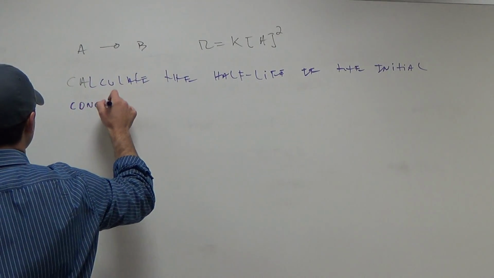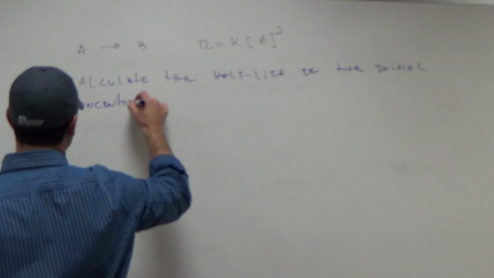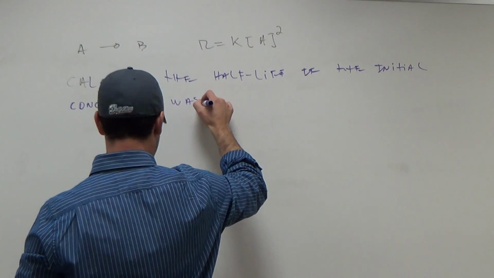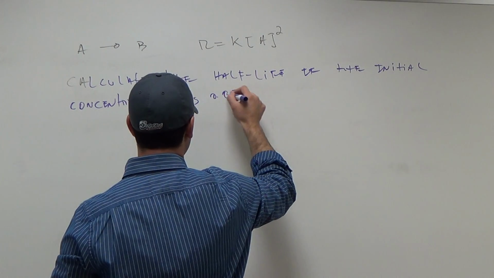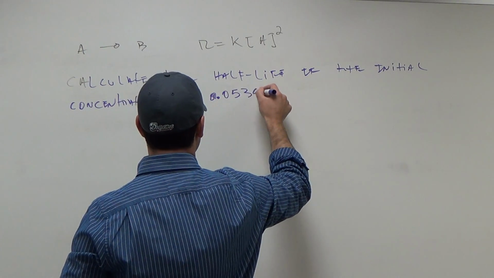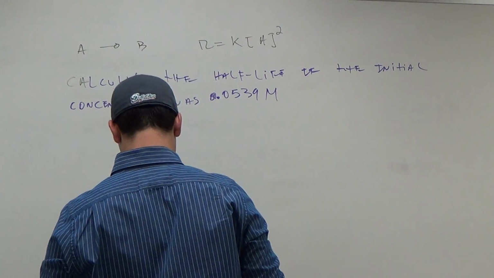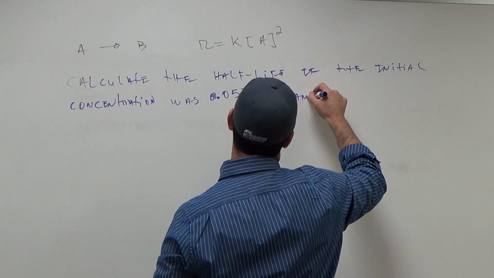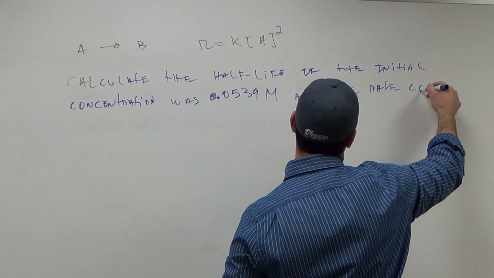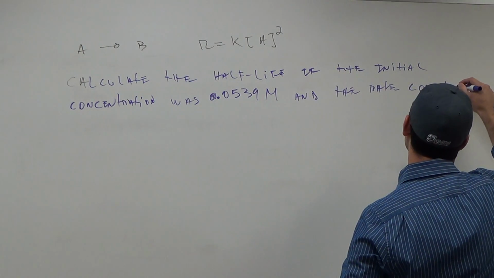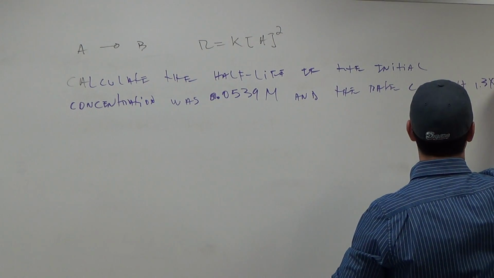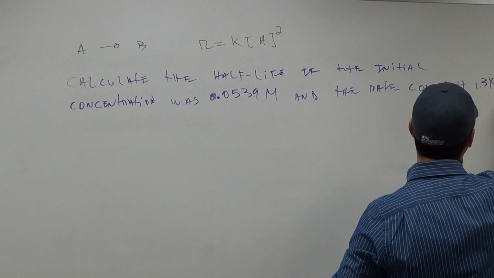If the initial concentration was 0.0539 molarity, and the rate constant 1.3 times 10 to the minus 2.